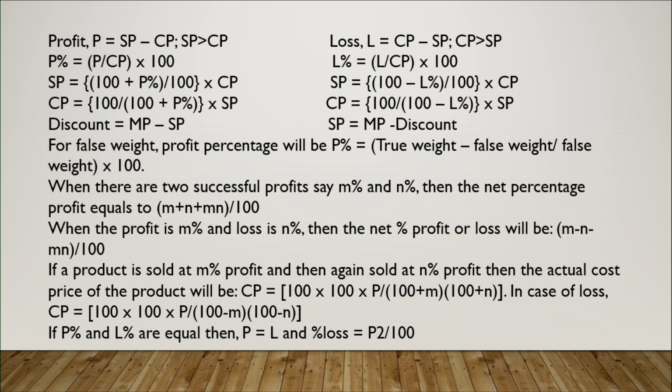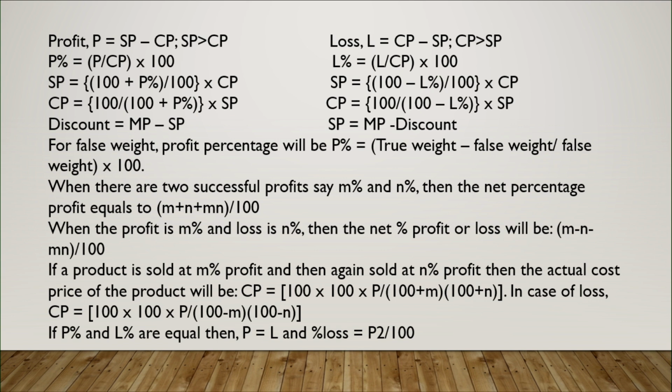If you want to know the selling price, and the cost price is known and the profit percentage is known, then the selling price is (100 plus P percentage) by 100 into cost price.